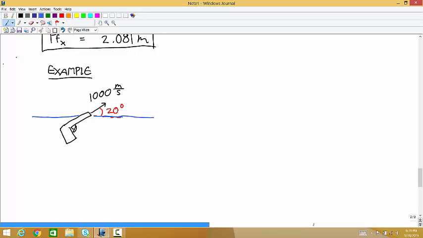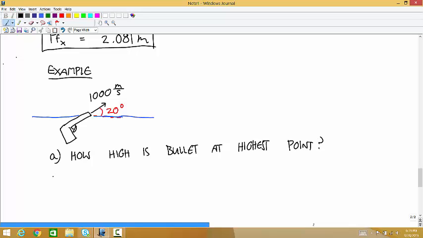So the bullet leaves from the height of the ground. How high is the bullet at its highest point? And second, when it reaches the highest point, how far has it traveled horizontally?